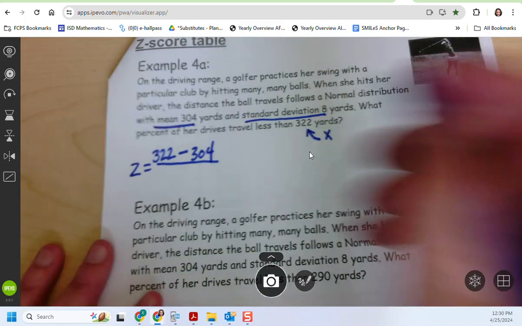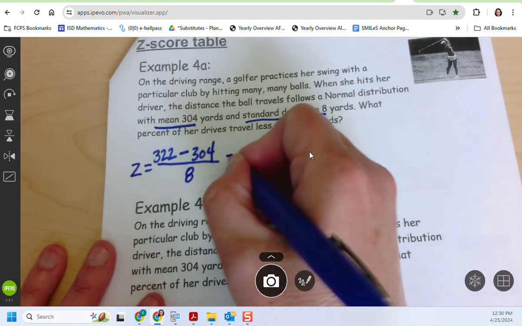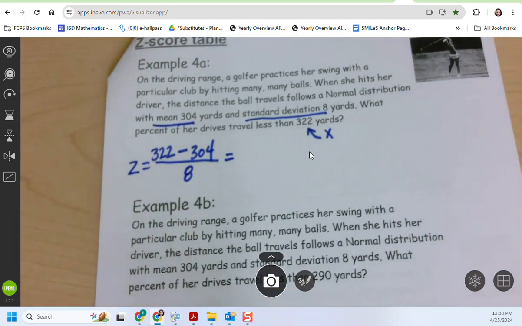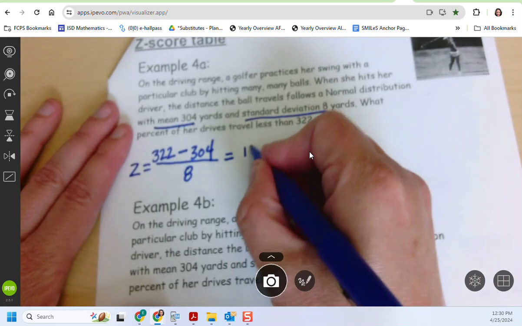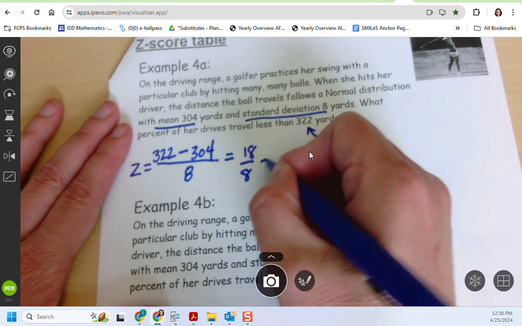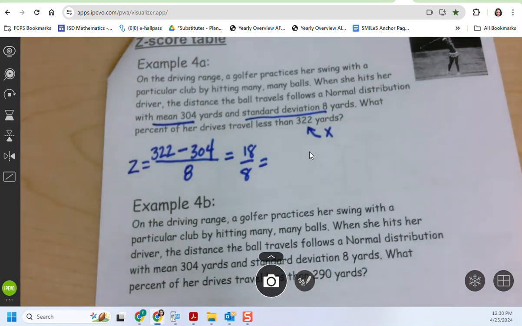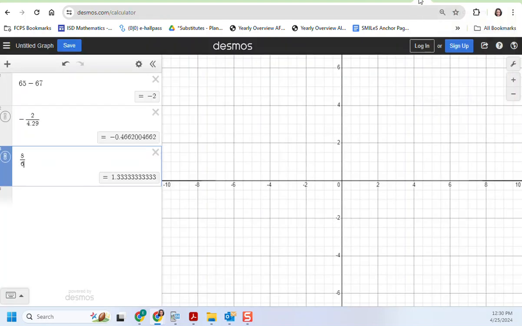Good. All right, so I'm getting 18 over 8. Did you guys get 18 over 8? And let me go into Desmos, because I want 2 decimal places. So the z-score is 2.25.